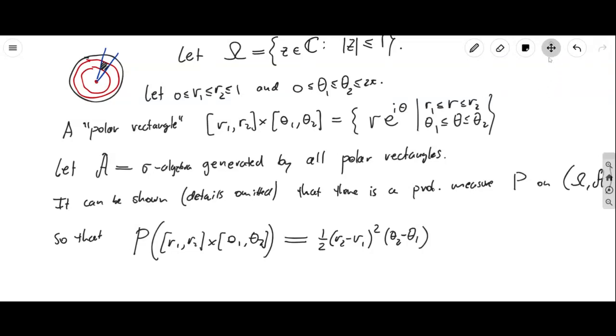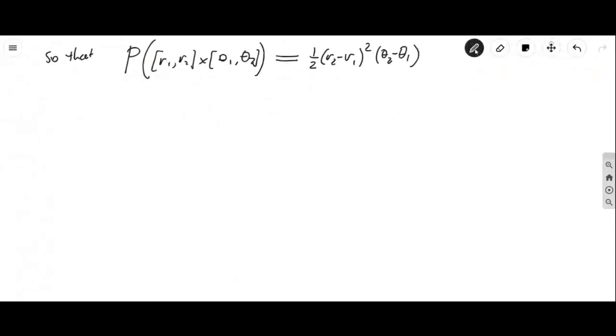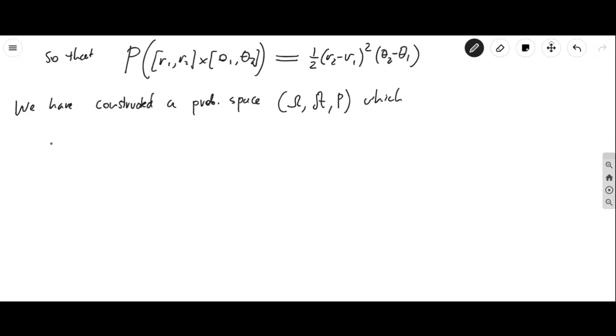But now we need a random variable. Okay? So now we need a random variable. So we have constructed a probability space, a sample space, a sigma algebra, and a probability measure, which captures this intuitive experiment.